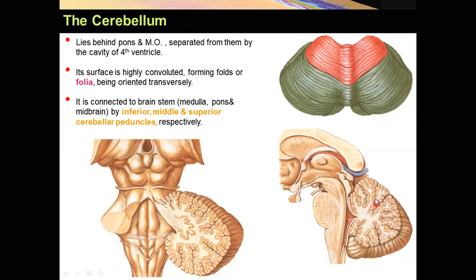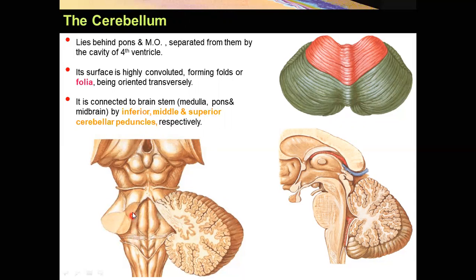Now, if you look here, the cerebellum is connected to the brain stem, which consists of, from inferior to superior, the bulbus, the medulla, the pons, the bridge, and the mesencephalon, the midbrain. Look here. These structures are called cerebellar peduncles. Cerebellar peduncles connect the cerebellum to the brain stem.